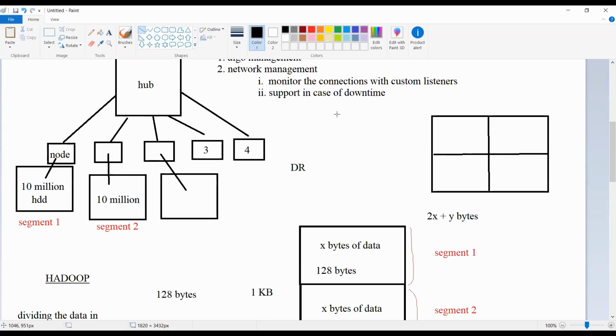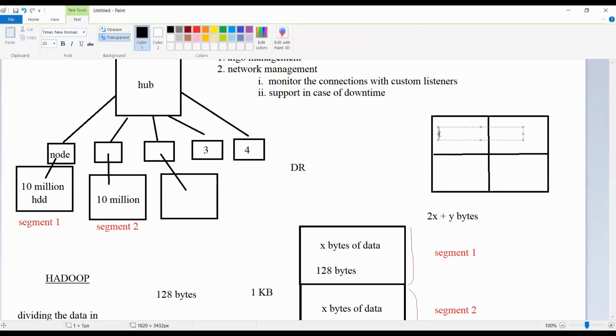So you have 5 nodes together. You have your segment 1, that is for node 1, let's say, lying over here, and you have your segment 2 lying over here, seg 3 over here, and seg 4 over here. And you have 5, 6, in total 6 nodes.